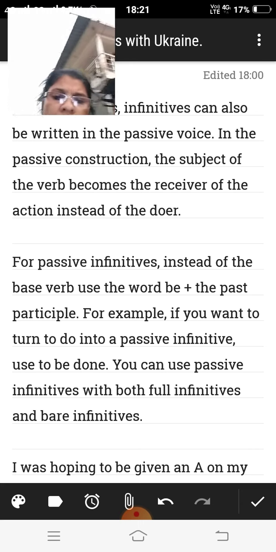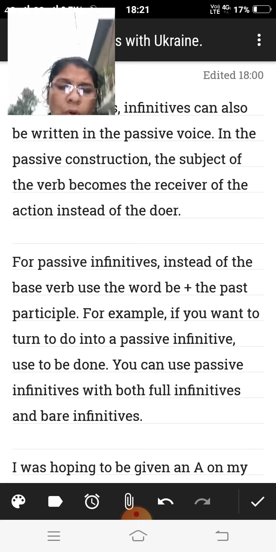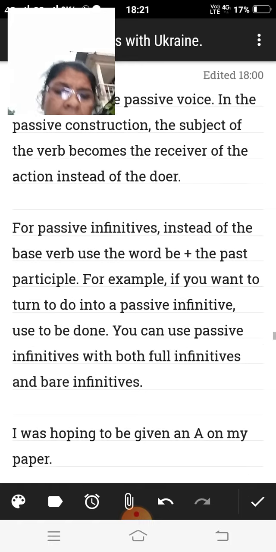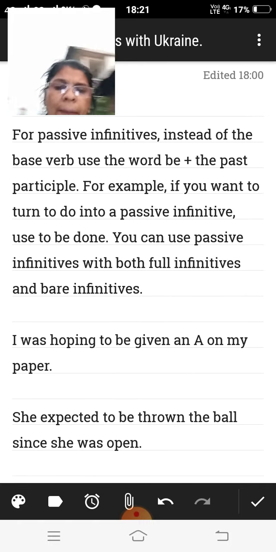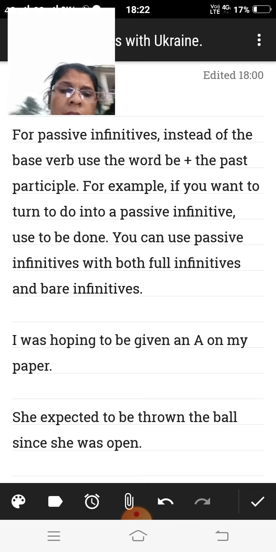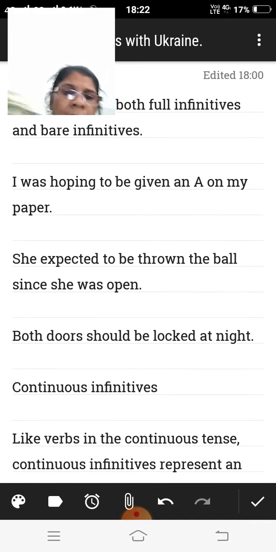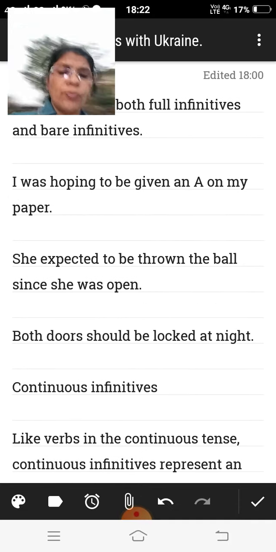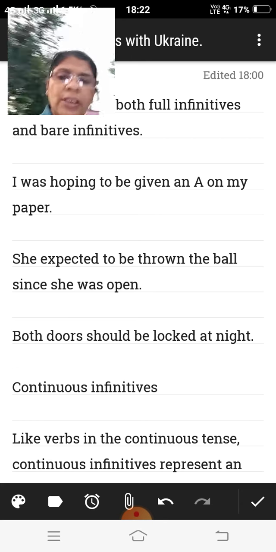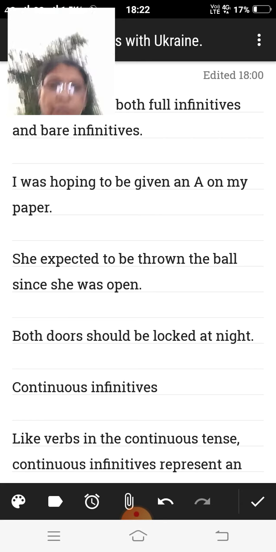I was hoping to be given an A on my paper. She expected to be thrown the ball since she was open. Both doors should be locked at night. Continuous infinitives.